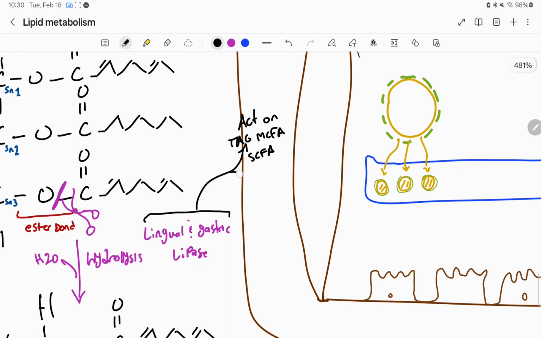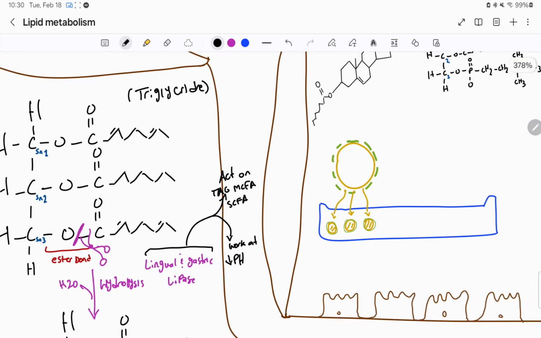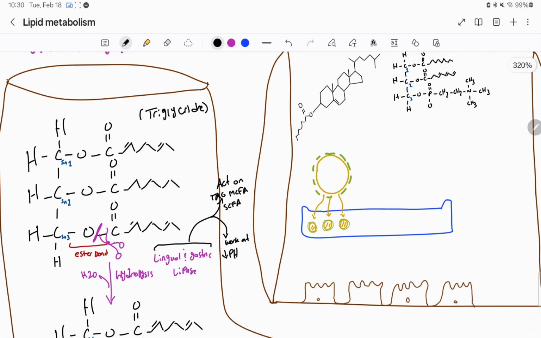And they can actually work at low pHs. For some of you wondering how gastric lipase works at that low pH, well, it's designed to work at the low pH of the stomach, because remember, gastric lipase is secreted by the chief cells inside the stomach. And in the stomach, we're also making that hydrochloric acid. So that's just some facts about the enzymes.